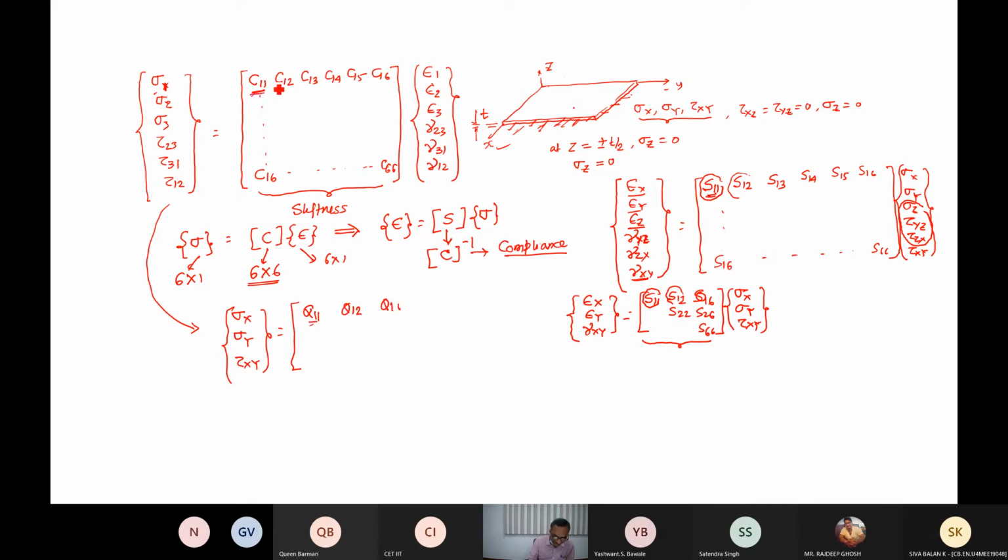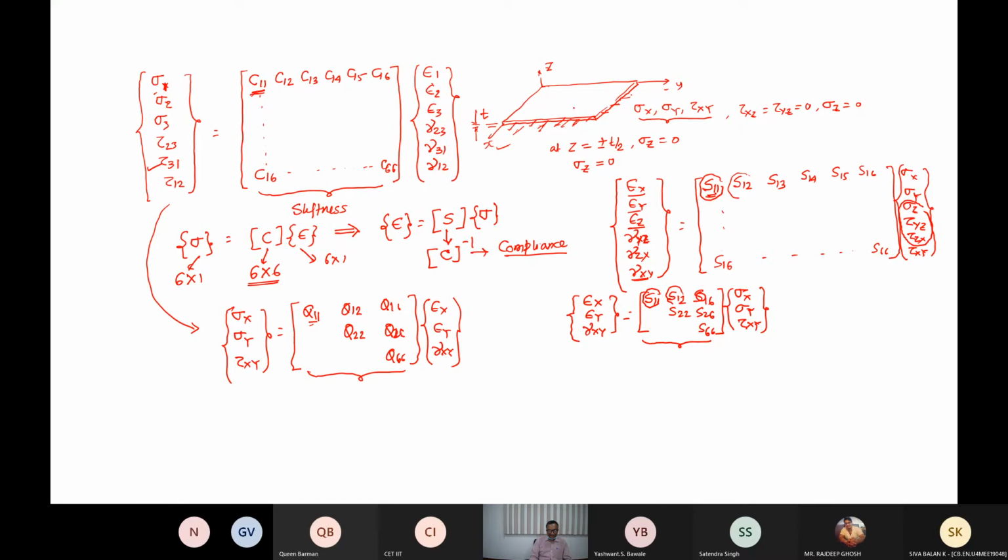Of course, they are related, that relation is there, and the derivation is there in the slide. So Q66, times epsilon x, epsilon y, gamma xy. Here we have written 1, 2, 3 and xyz, don't confuse, same thing. So this is the reduced stiffness.